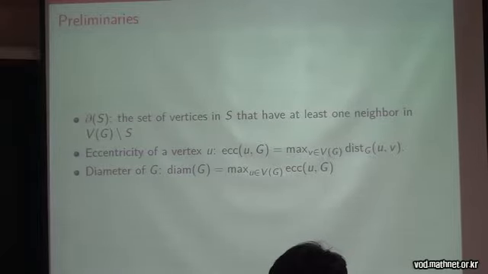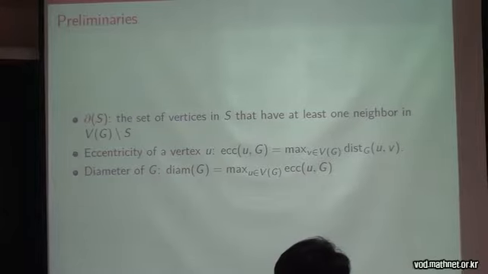Yeah. So here are some notations. Given a graph G, for a set of vertices S, delta of S is the subset of vertices in S which have at least one neighbor outside of S. So it's like a gate of S which keeps the contact of S with the exterior world.